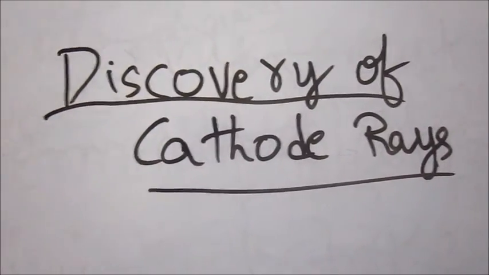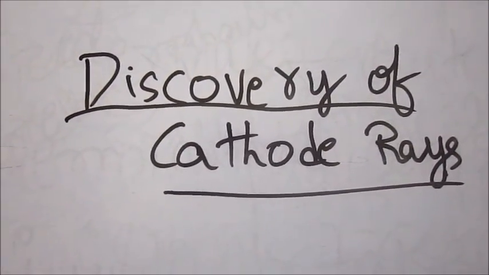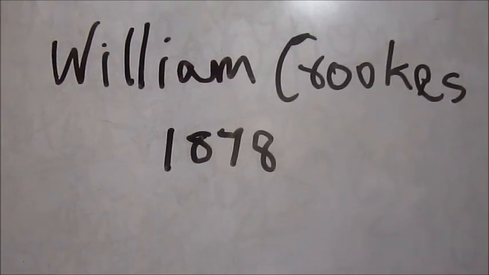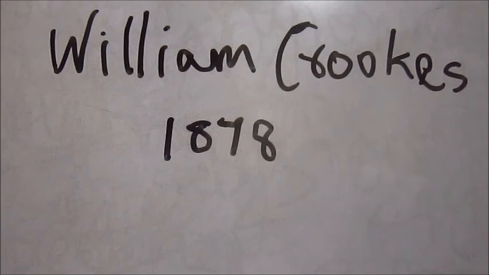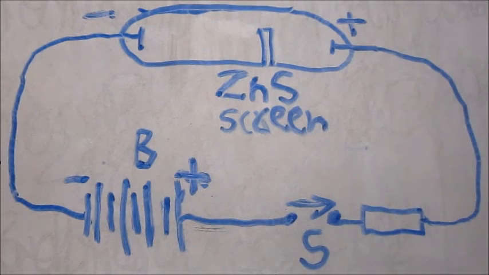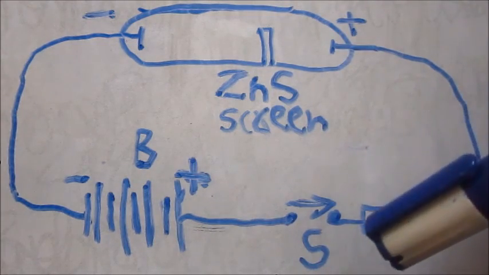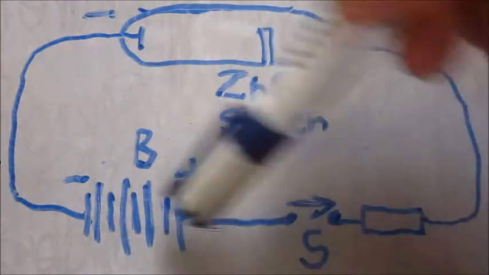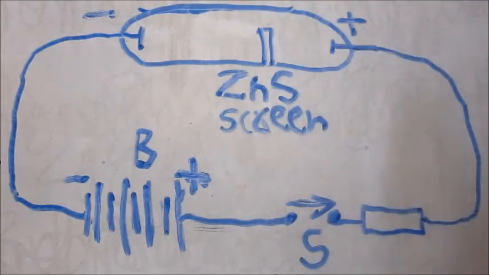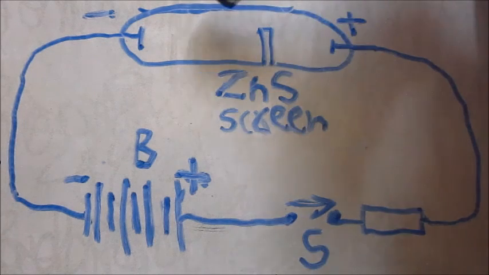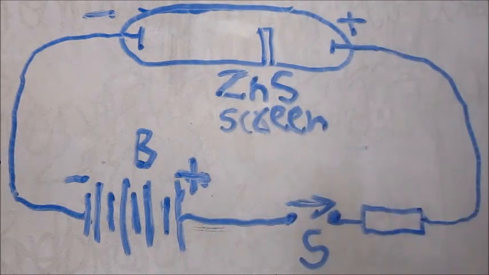Now let's talk about the discovery of cathode rays or electrons. The cathode rays were discovered by William Crookes in 1878. This was the apparatus used for the detection or discovery of cathode rays. Basically, this is the induction coil. This is a switch and a battery, and these are the wires connected to a discharge tube. The gas present in this has a very low pressure of 0.01 millimeter of mercury or Hg.